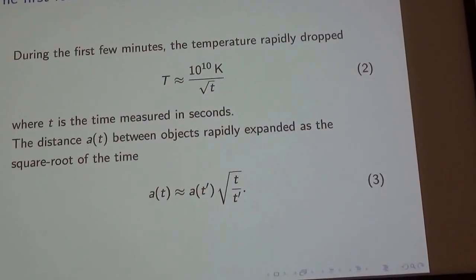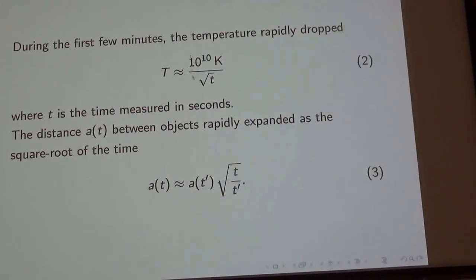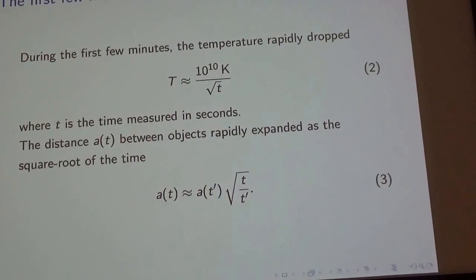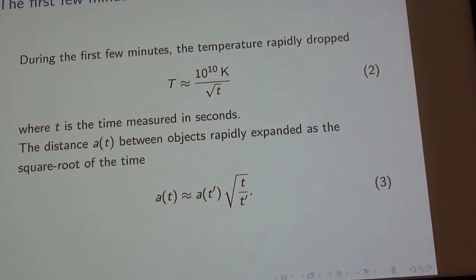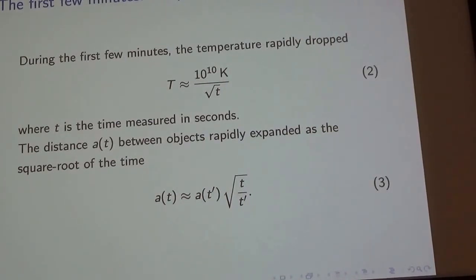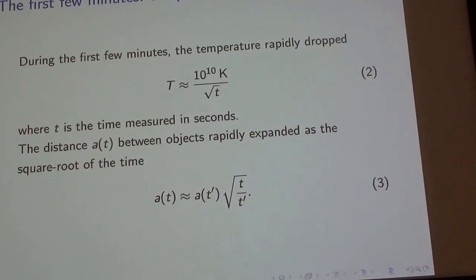Early on, the temperature was something like 10 to the 10th Kelvin. And so that's really, really hot. Hotter than the temperature of the center of the sun, which might be 10 to the 7th Kelvin. This is 1,000 times hotter.